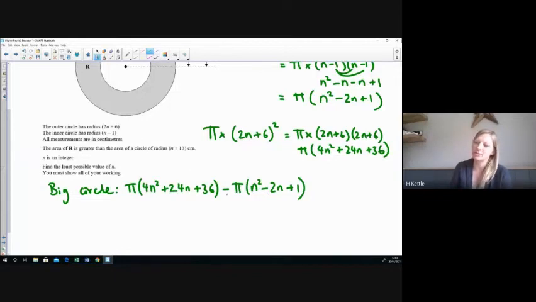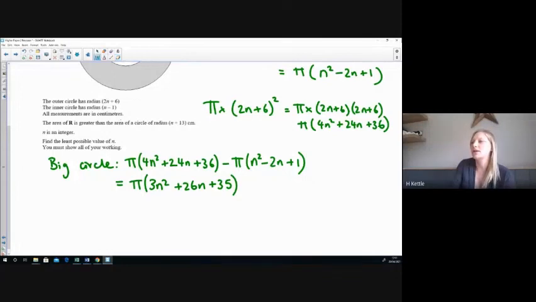Because they're both timesing by pi, all of the terms are going to be the same. So it's going to simplify down to pi lots of 3n squared, because we're taking away an n squared. And then minus 2n is going to add 2n, so add 26n. And then 36 minus 1 is going to be 35. So that's the area of just the grey bit.